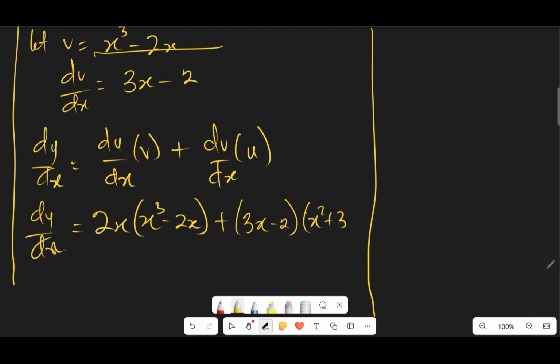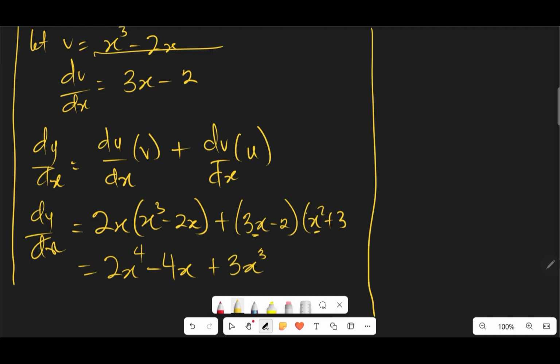So from there, what do we have to do? We have to simplify. We can't leave it like that. So we will break it down. If we multiply 2x by x cubed, we are going to get 2x to the power 4. Then 2x times minus 2x is going to give us minus 4x squared. Then my plus sign will come. Now 3x times x cubed is going to give us 3x to the power 3.